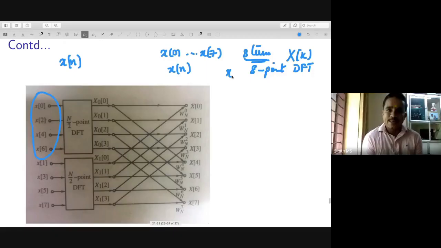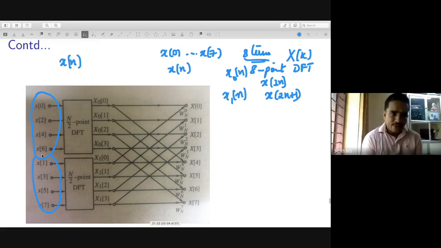That is, x0(n) is the even term represented as x(2n), and x1(n) is the odd term represented as x(2n+1). So you can see that these are the even terms, and here you have odd terms. And what you're doing is finding the N/2 point DFT.